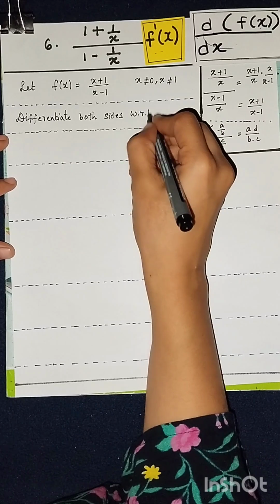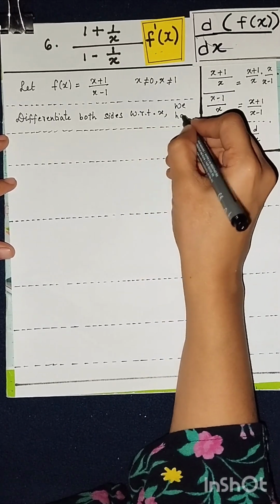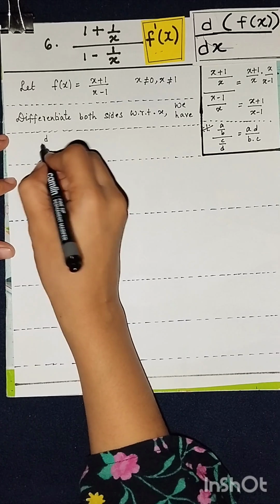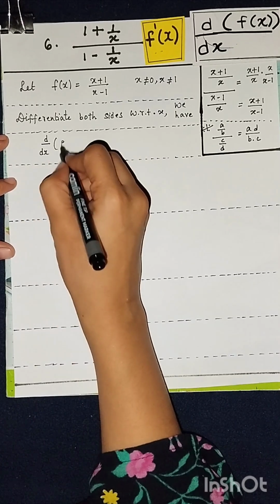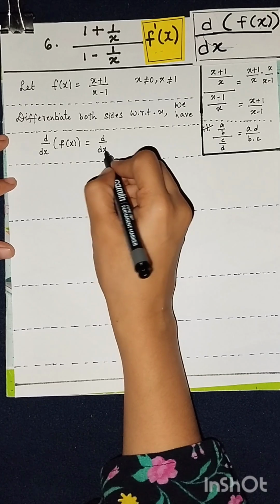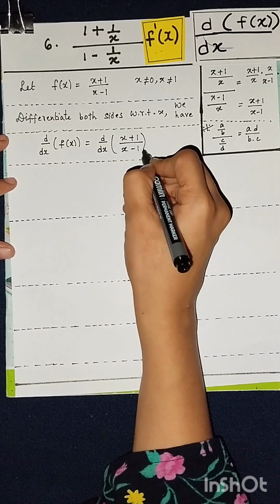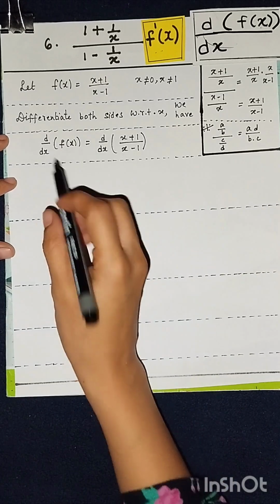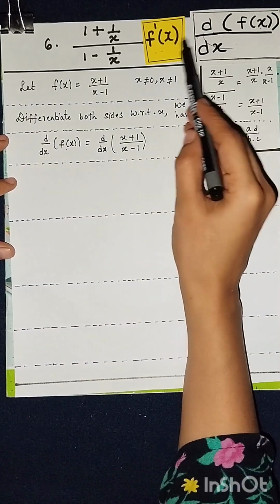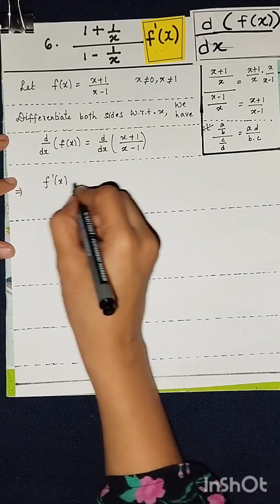with respect to x. We have d by dx of f of x is equal to d by dx of x plus 1 divided by x minus 1. So d by dx of f of x is nothing but f dash of x, right?